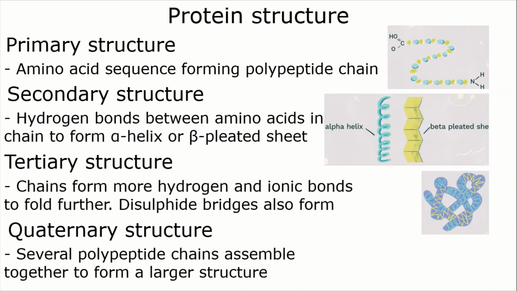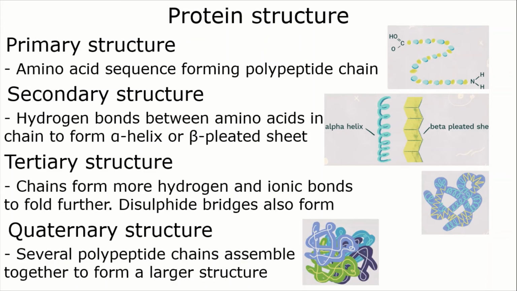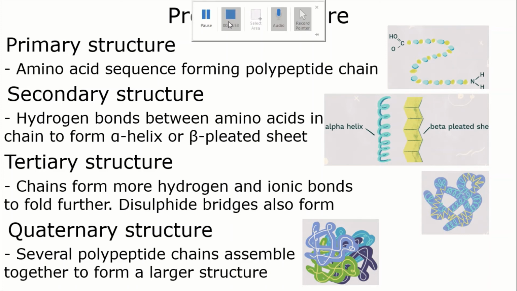And this is essentially where multiple polypeptides assemble and they form a larger structure. So a really good example of this is hemoglobin, which is 2 alpha and 2 beta chains. And they form together and they create this larger structure. So we can see on the right hand side there that we've got 4 different coloured, almost like blobs, and these represent the individual polypeptide chains.